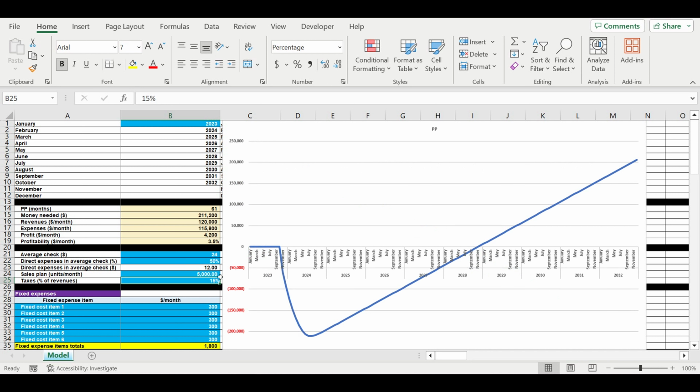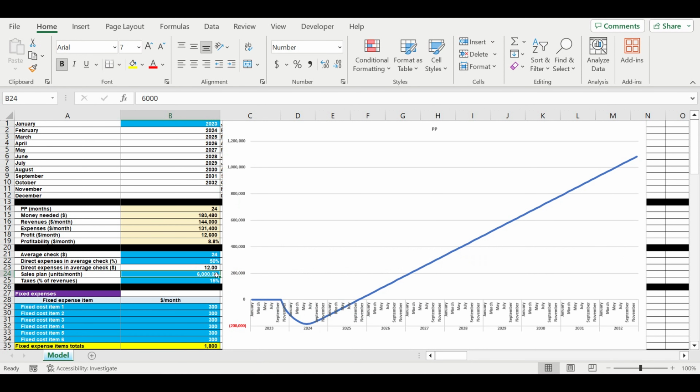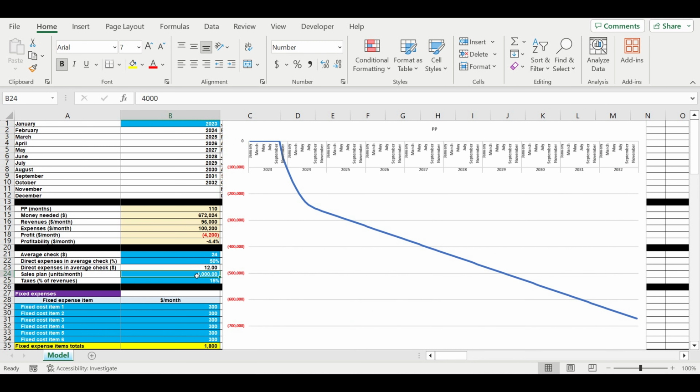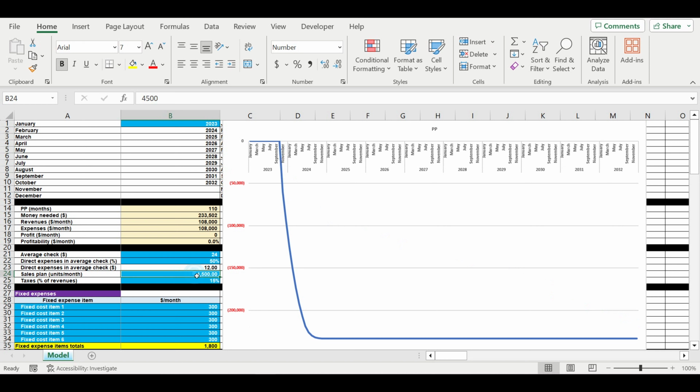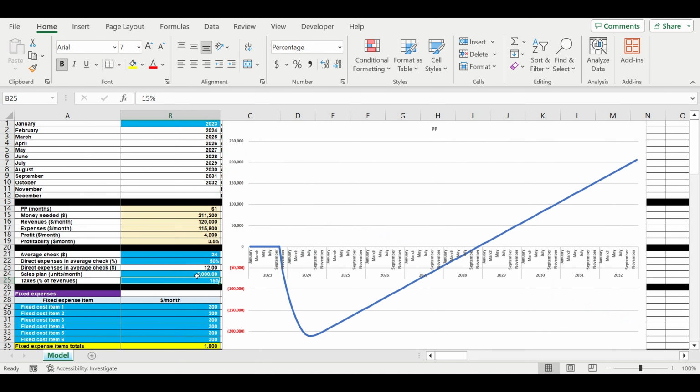The next step is setting up monthly sales plan in units. To simplify our model, let's set up the tax rate as a percentage of revenues. We can do it here.